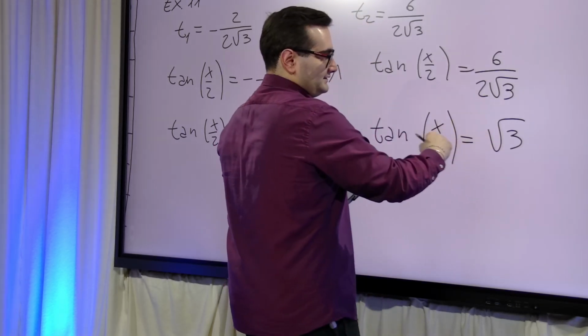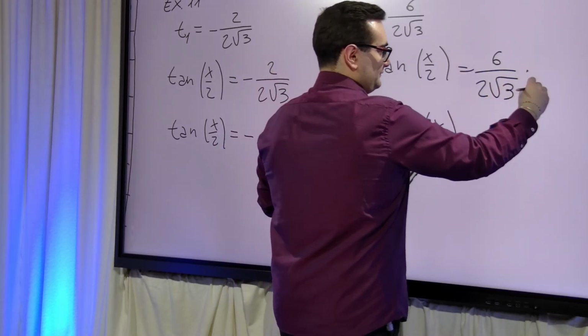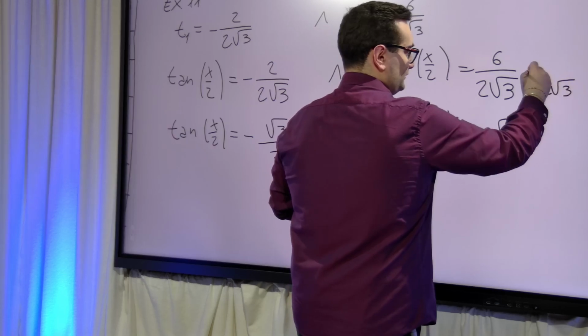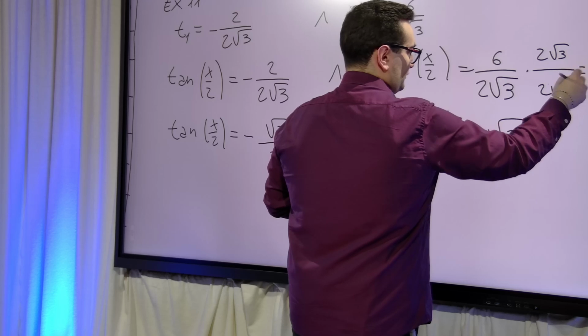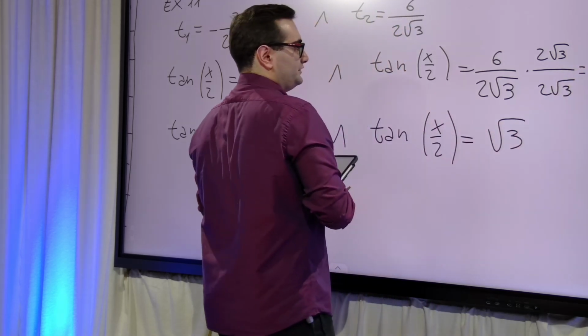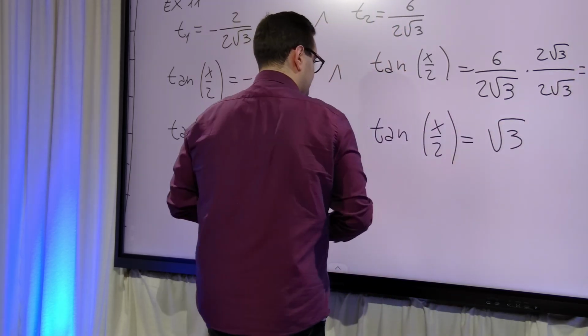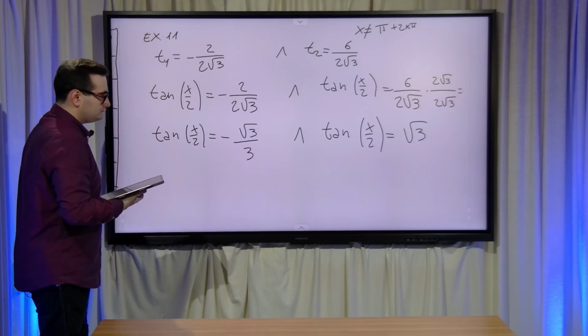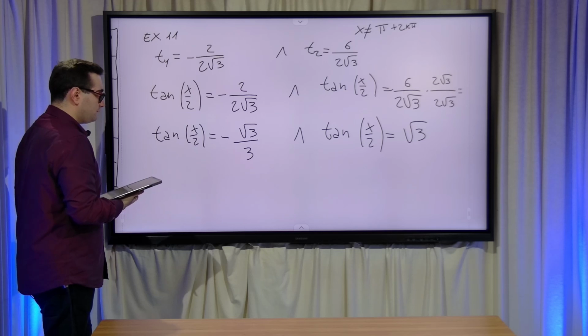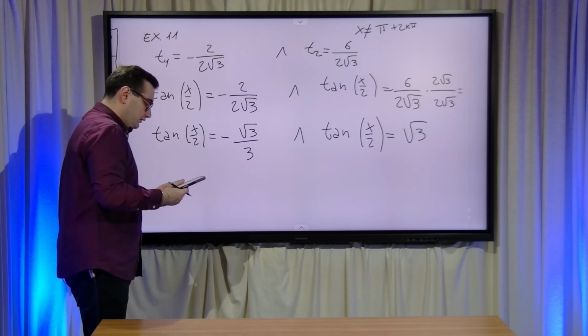I get this just by doing times 2 square root of 3 to square root of 3 and go on with the computation. I got this one.